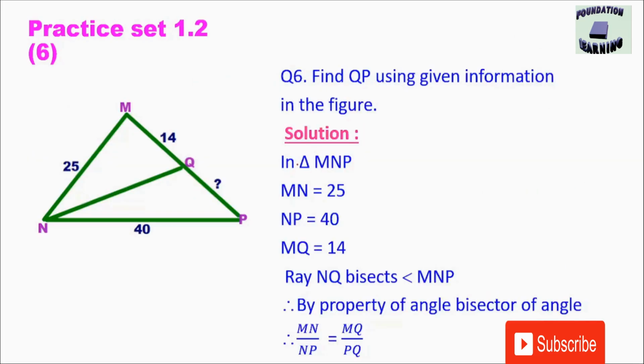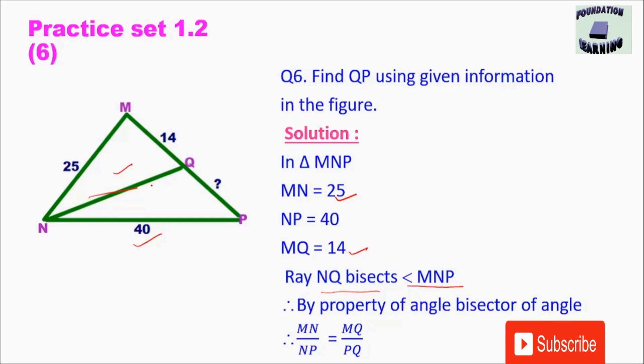So let's solve it here. In the question they have not given the details, only in the figure they have given the values: MN is 25, NP is 40, MQ is 14. Ray NQ bisects angle MNP.